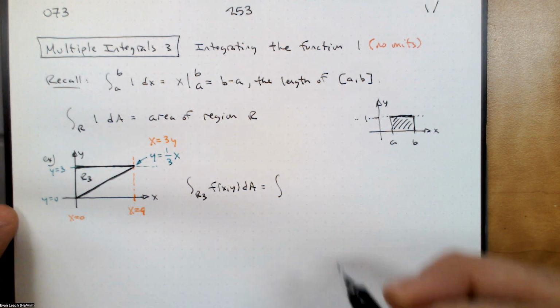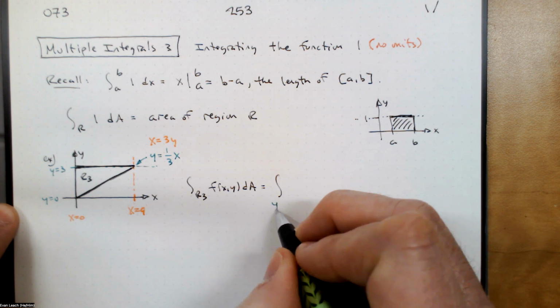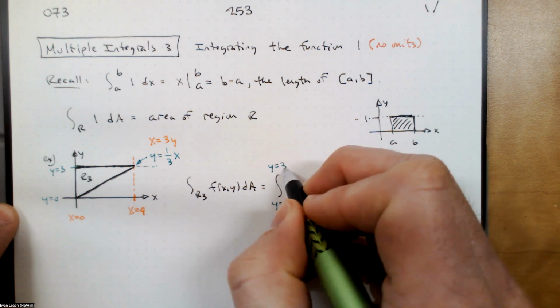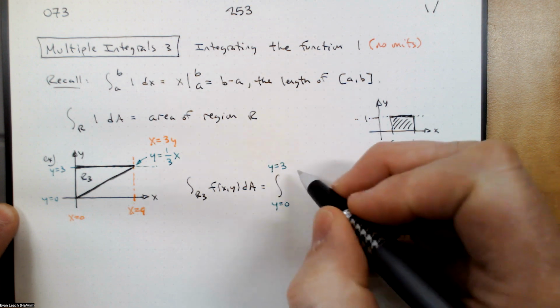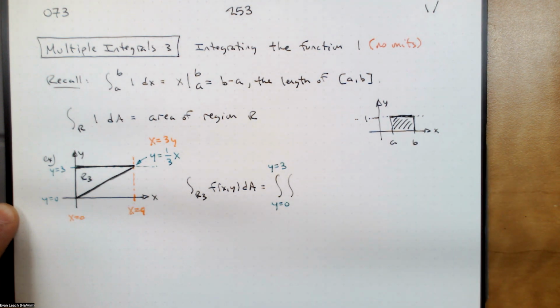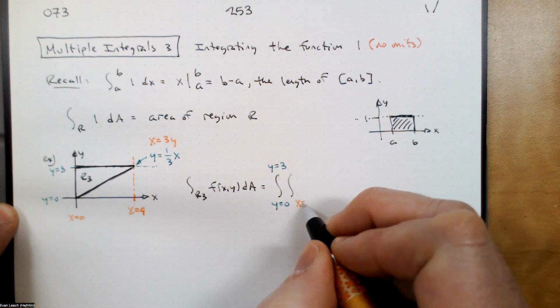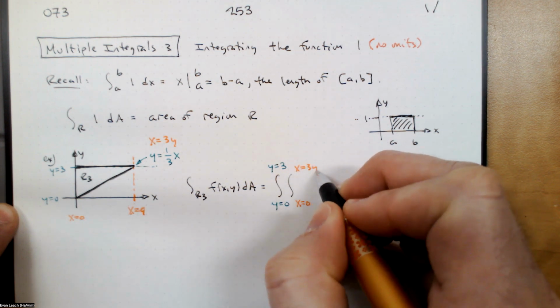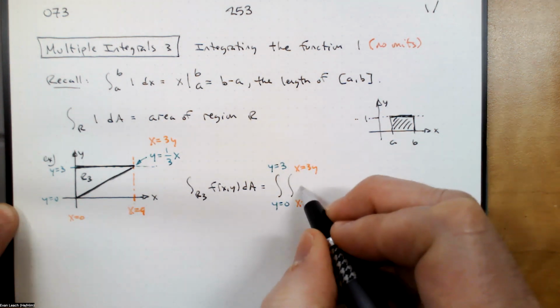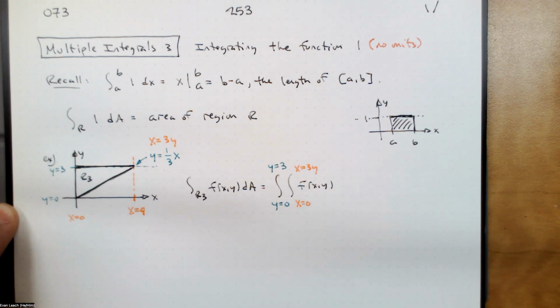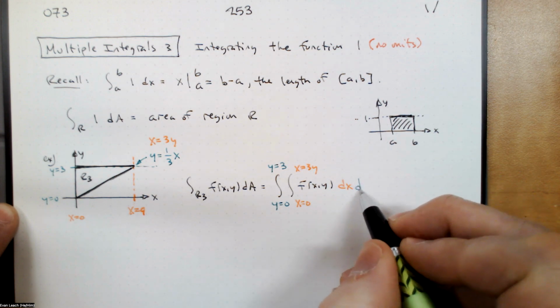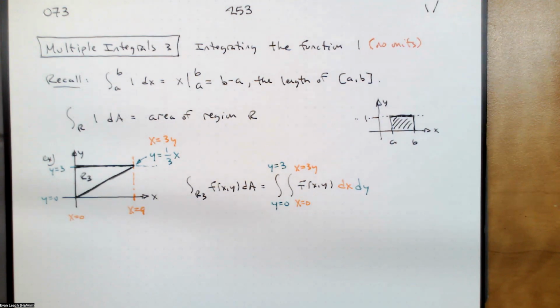One of the ones that we did, y went from 0 to 3, and while y goes from 0 to 3, we will need x to go from 0 to 3y. So this is the double integral describing the integral of f of x, y over R.